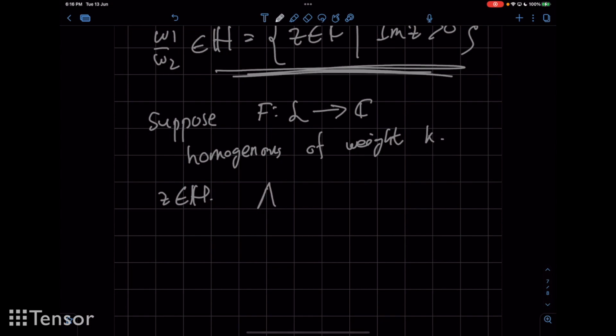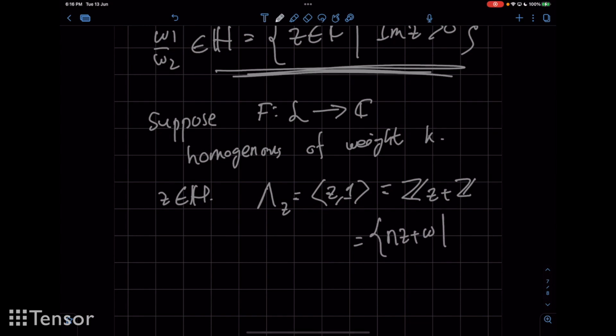So let's say lambda sub z is the lattice generated by z and 1. We can write it like this, right? All the elements are of the form nz plus m, where n and m are integers.